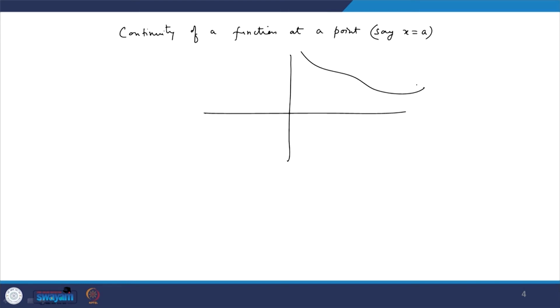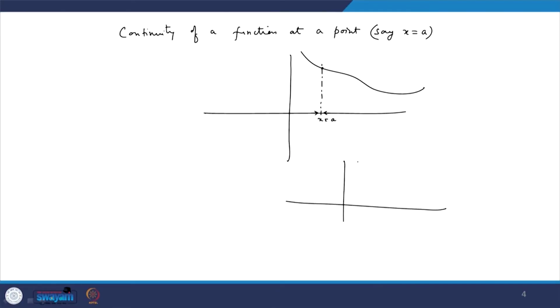Okay. Now, say it is x equal to a. If you approach toward this a from the left side or the right side, and it is equal to the value of the function at this point, which is f a, if all these points coincide, then we say the function is continuous at that point, there is no break in the function.